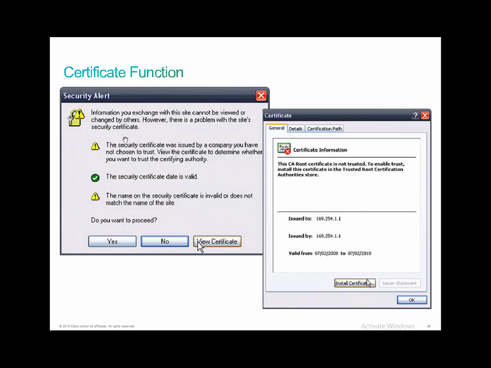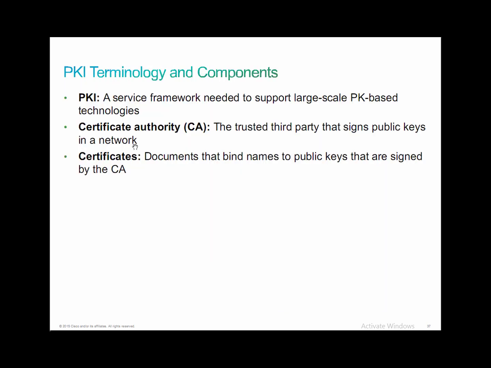Because the administrator trusts the physical cable links to the controller, that certificate can be accepted. It's more than that, right? We're also trusting, based on the IP address and the fact that we actually configured that controller, that it is who it says it is. So we're not necessarily concerned about authentication. Same kind of concept that we see when we deal with SSH connections to routers and switches.